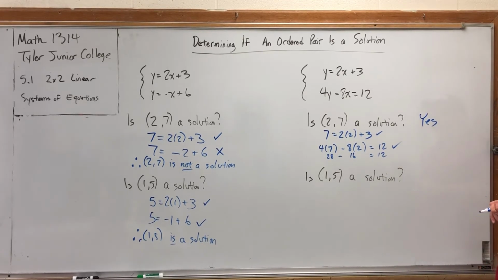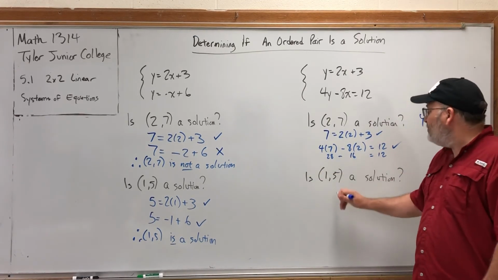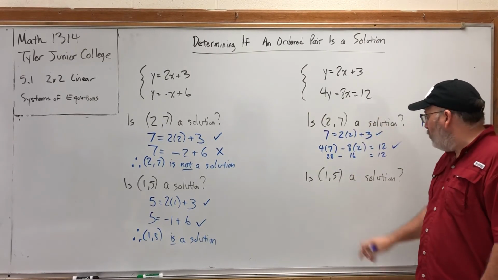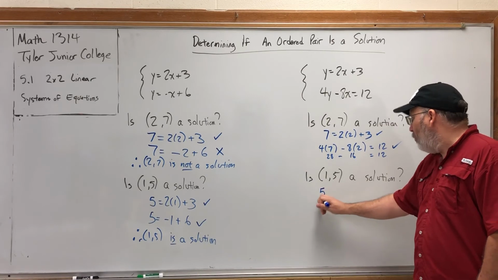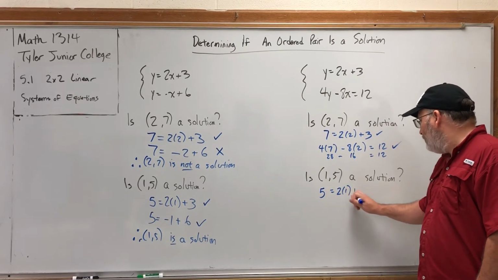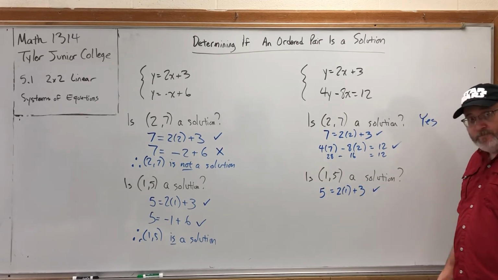What about 1, 5? Well, again, this is the same ordered pair as before and the same first equation, but just doing the problem independent of the previous one. If we substitute 5 for the y and 1 for the x, we get 5 equals 2 times 1 plus 3, which is still true.